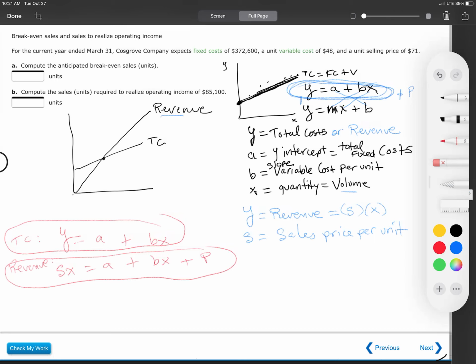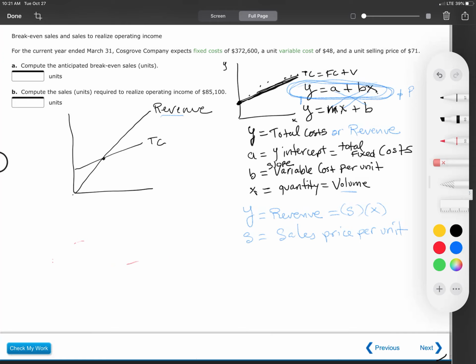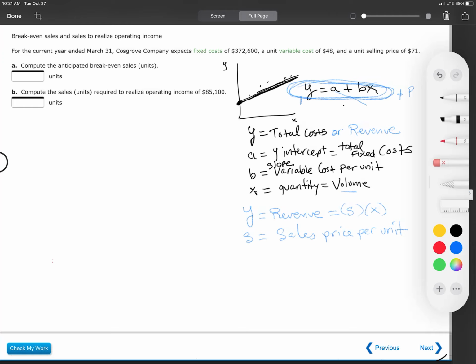So let me erase everything and make some more space here. Now I'm going to use the formula S times X equals A plus BX plus P.